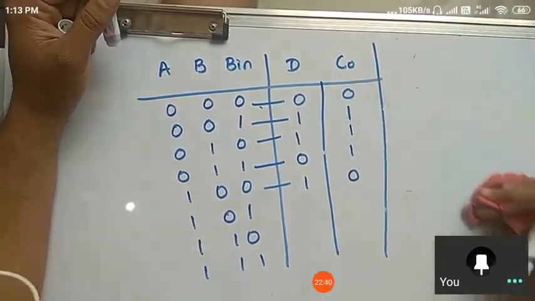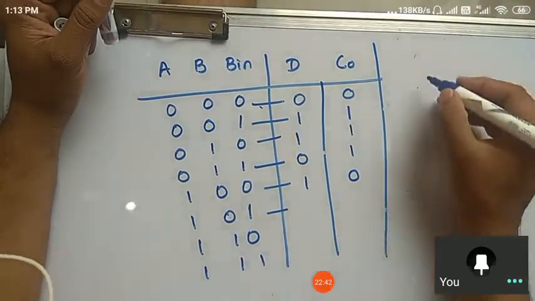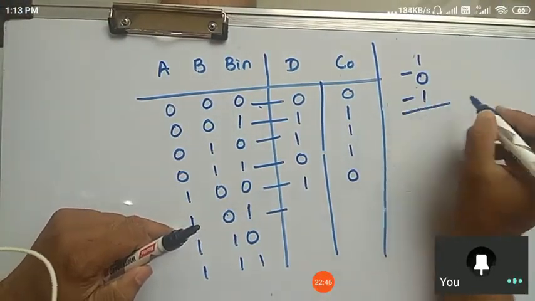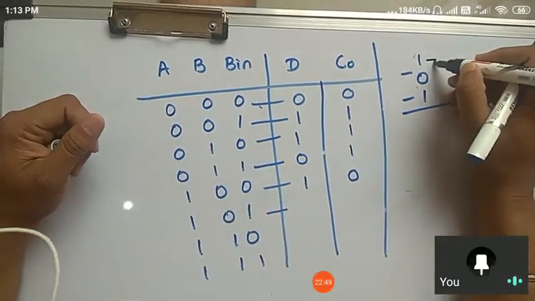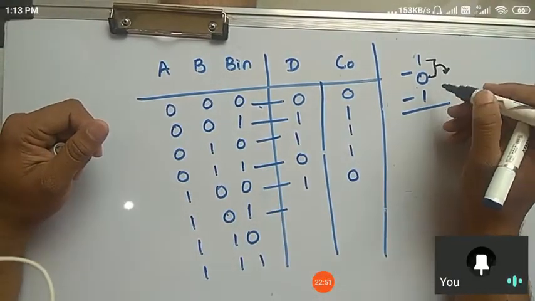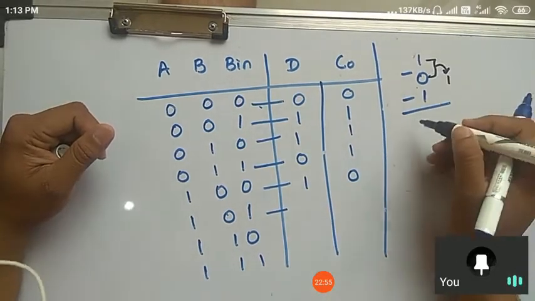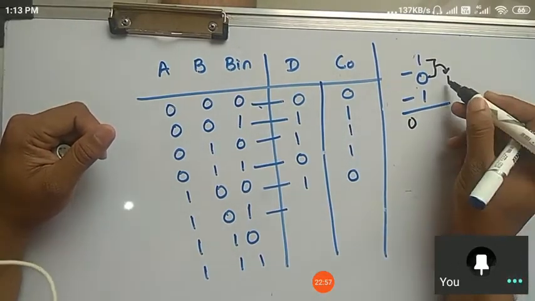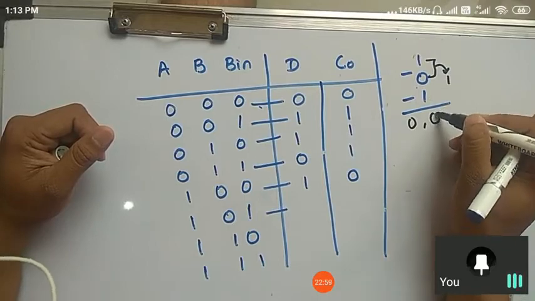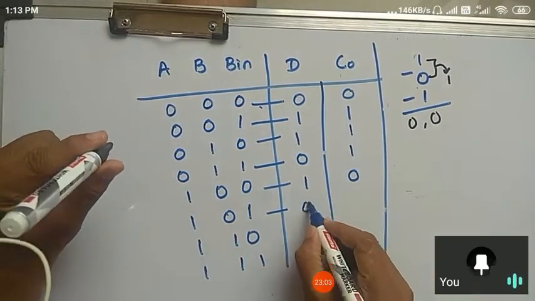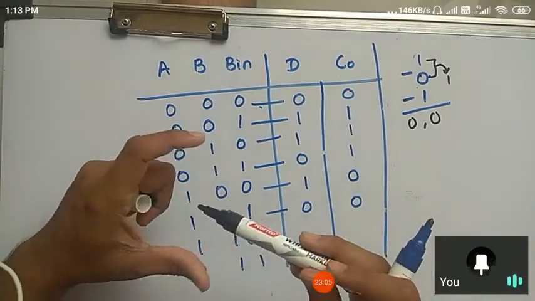Next one, 1 minus 0 minus 1. Tell me the difference. The difference of these two bits, 1 minus 0, is 1. Obviously this is greater, no borrow is generated. 1 minus 1, difference is 0. So these are some typical cases, and most students will get confused.